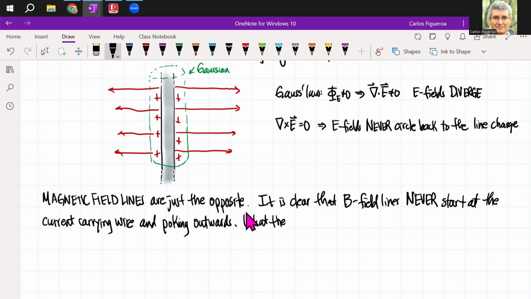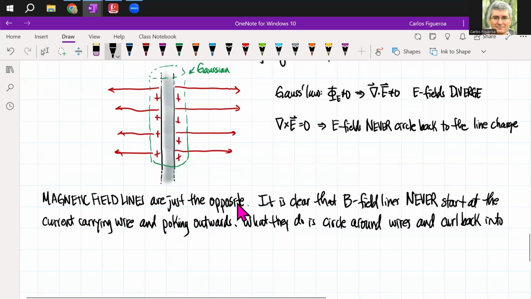What they do is circle around current, around wires, and curl back into themselves, forming closed loops.